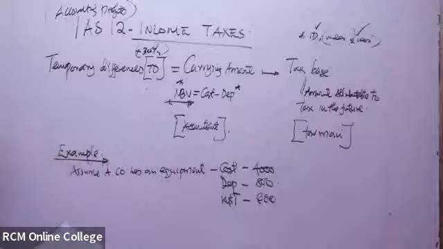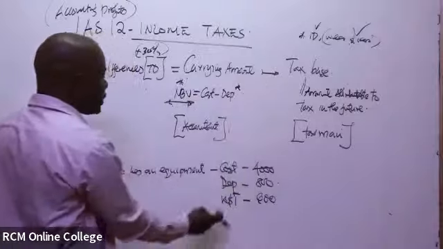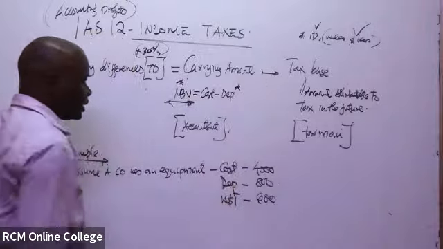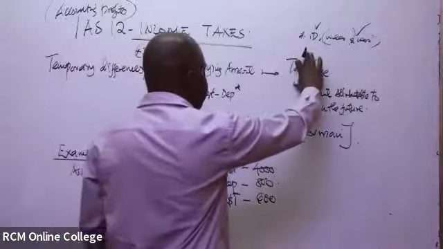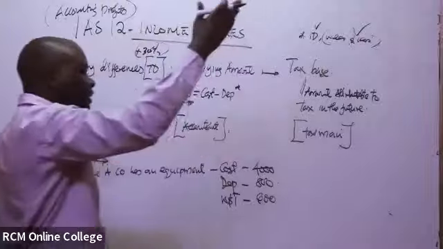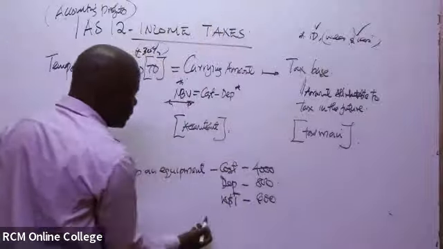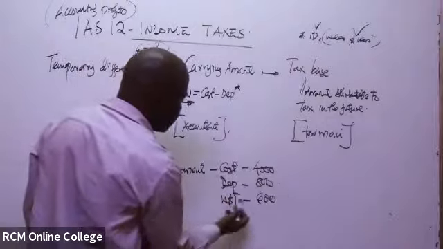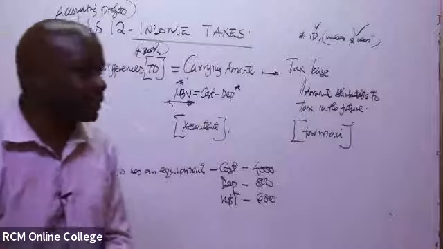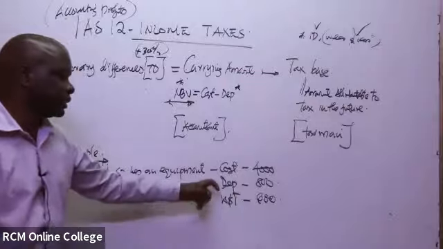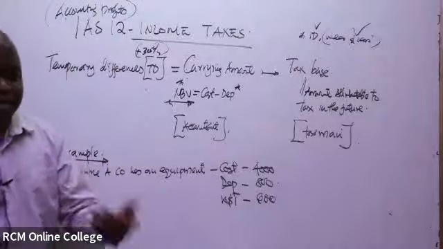So it means that for us to determine the carrying amount, we take the cost minus the depreciation. But to determine the tax base, what the taxman would have considered, we take the cost minus the wear and tear, because depreciation is not basically considered by the taxman. And in taxation, you'll be told that you have to add back depreciation when you're determining the taxable profits to be taxed by the taxman.